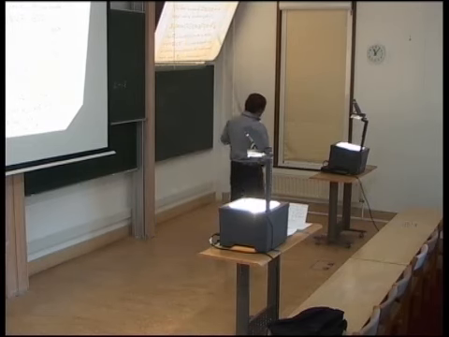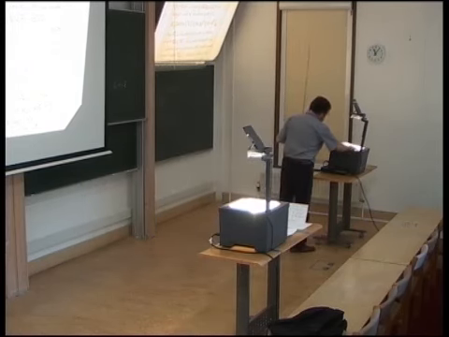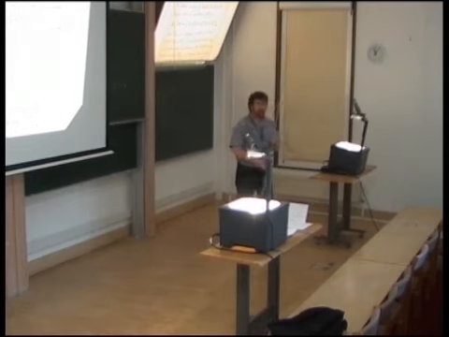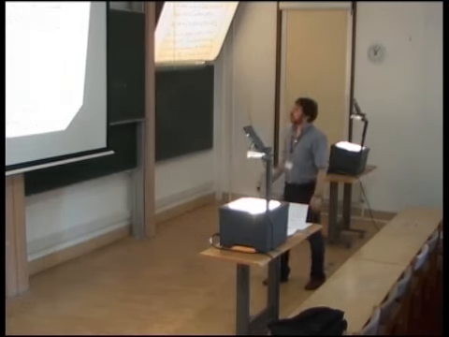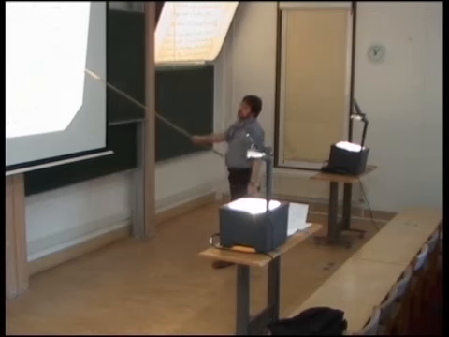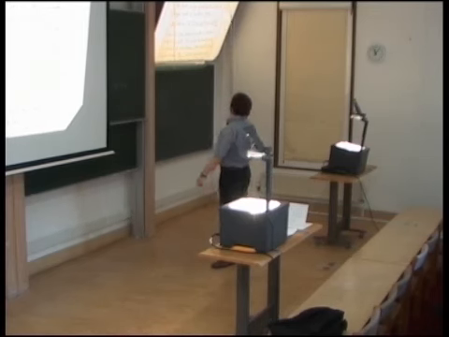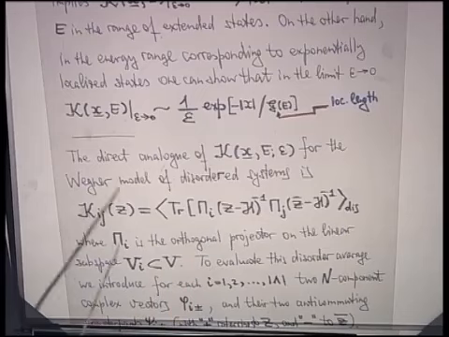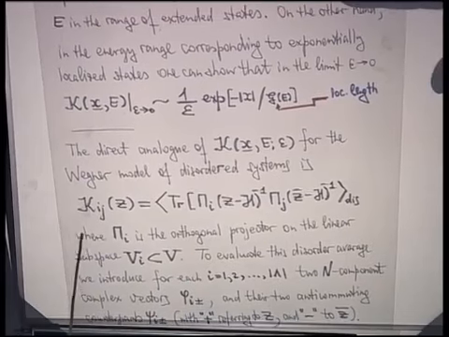And we'd like to calculate this object, to perform the disorder average over the distribution of all these entries, just following our standard route.